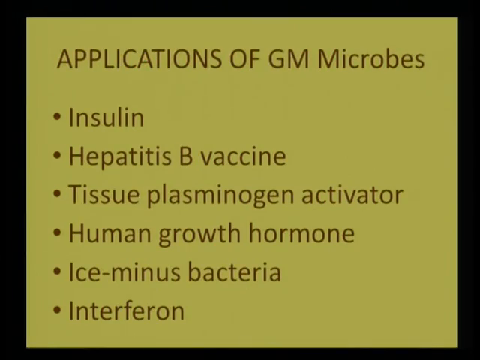If insulin is genetically produced and used for humans, it is known as humulin. Humulin is produced with the help of recombinant E. coli.